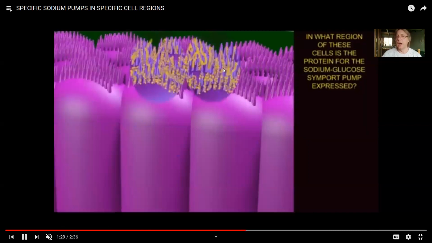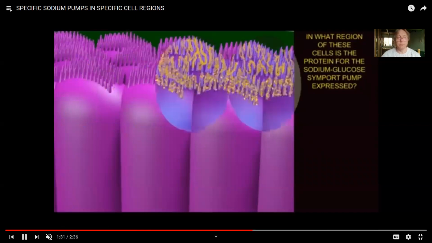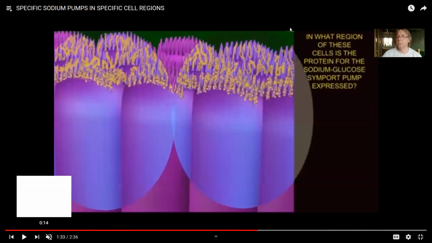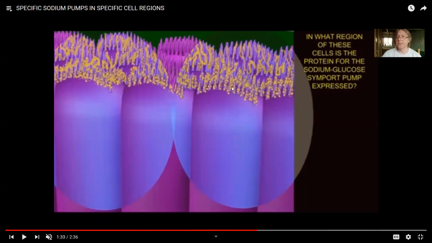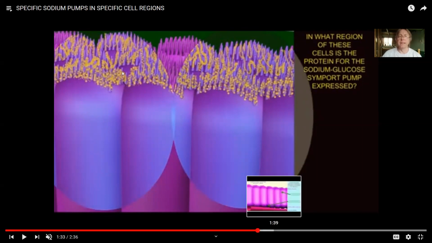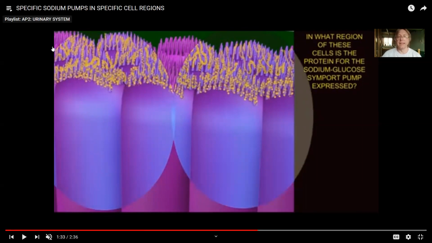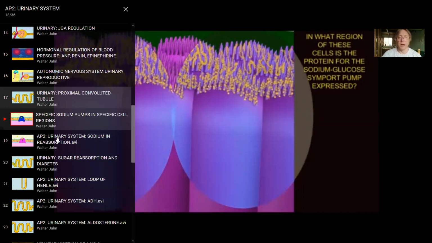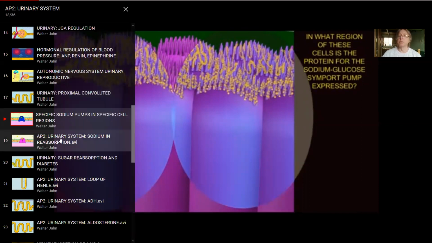These pumps are these Symport pumps. They are called Symport pumps because sodium and glucose both come into the cell together. They're moving in the same direction. So that's a Symport pump. They are in the microvilli at the apical portion of the cell. So sodium is key to all of these other substances moving.